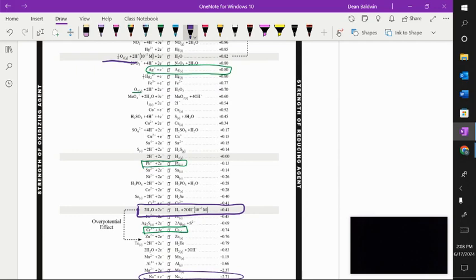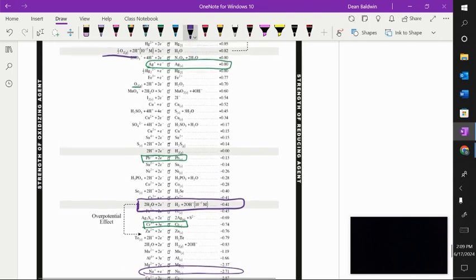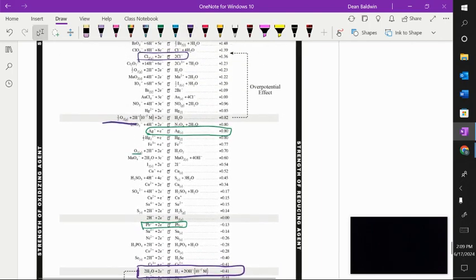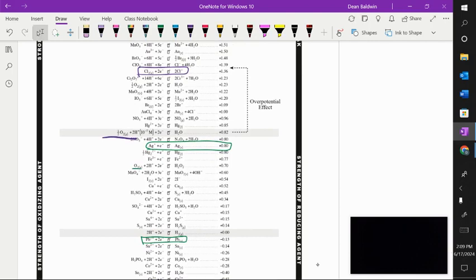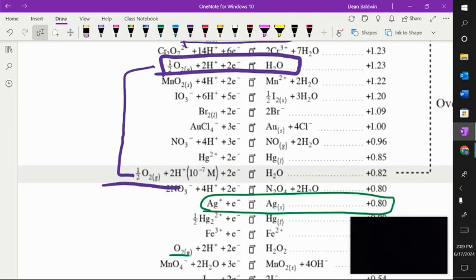Water can be reduced, all right? And it can be oxidized. So two things can happen. Where is it? There's two different waters. So, we'll zoom in here for a sec. What is the difference between these two? So this one and this one.